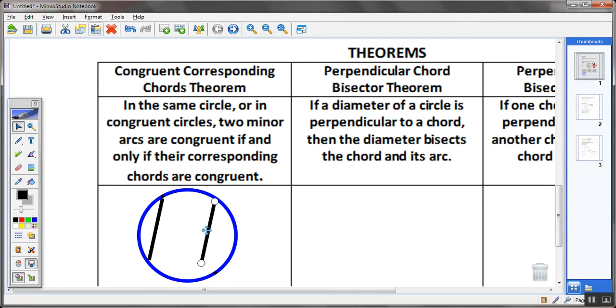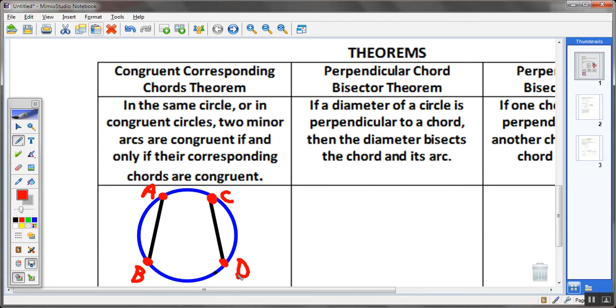Maybe it looks like that. Okay? So if I say that this is a point A, and this is a point B. And I'm going to call this point up here C. And I'm going to call this point D down here.